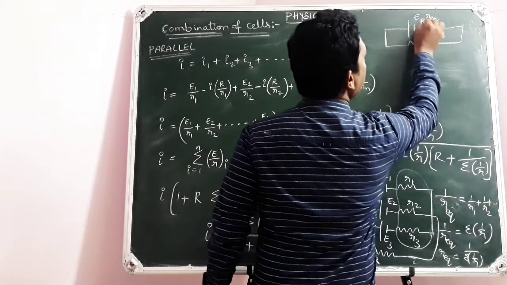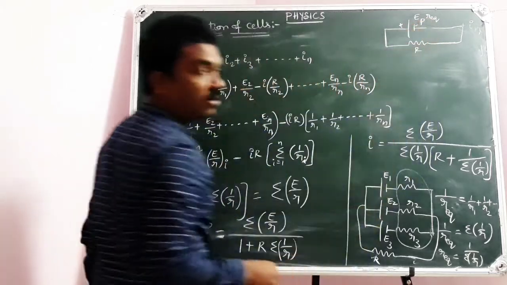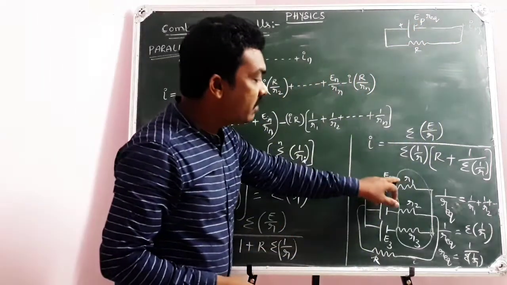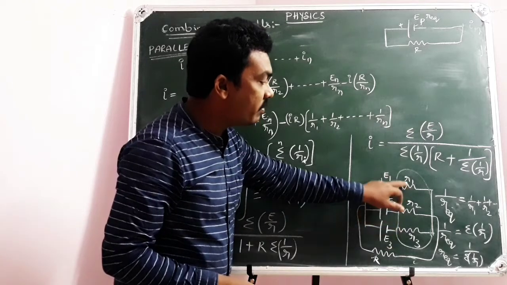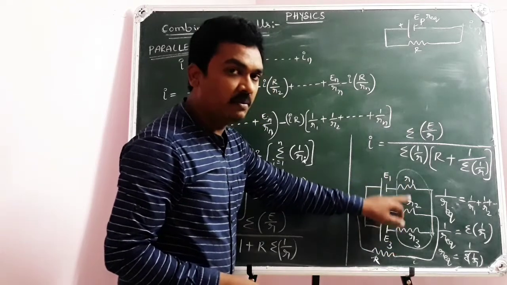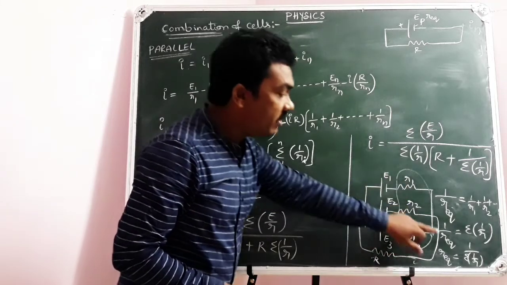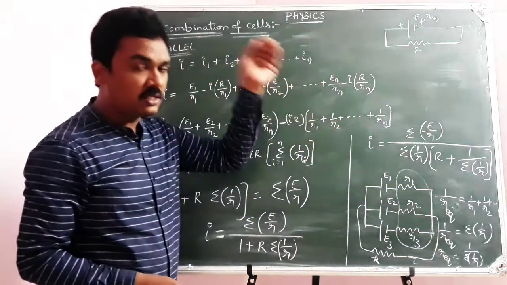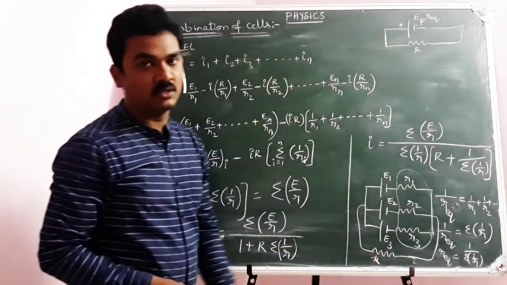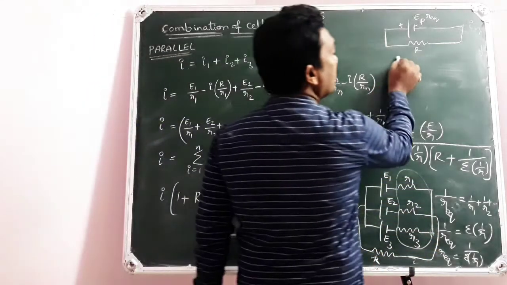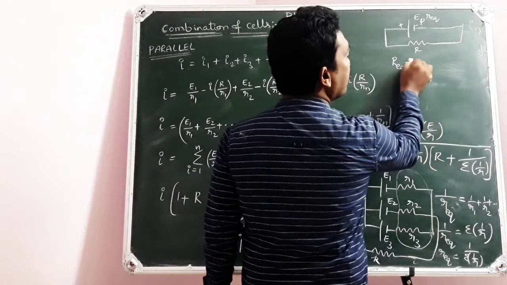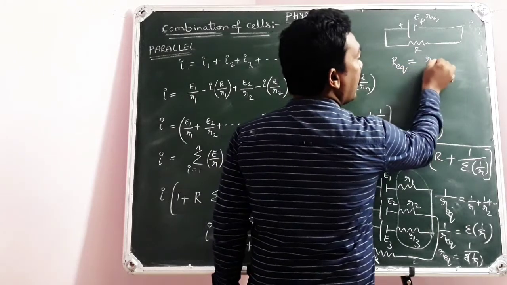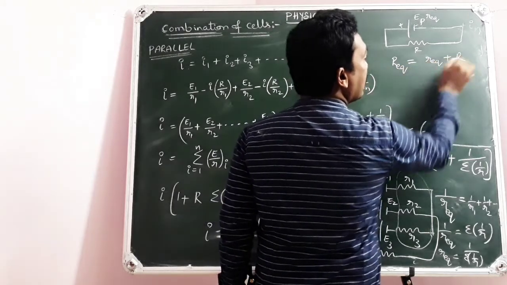I am speaking of the parallel combination of cells. Whatever equivalent resistance is offered by the different cells in parallel, that equivalent resistance will be in series with the external resistor. So the total equivalent resistance of the circuit will be R equivalent plus R.